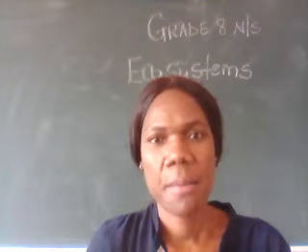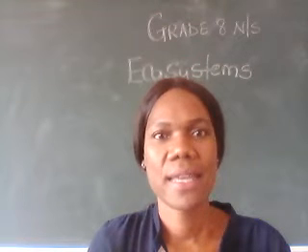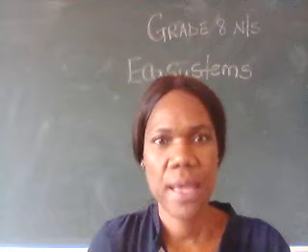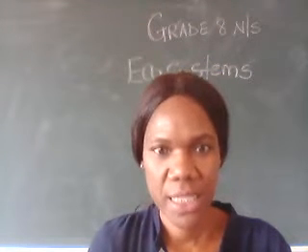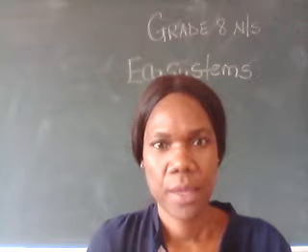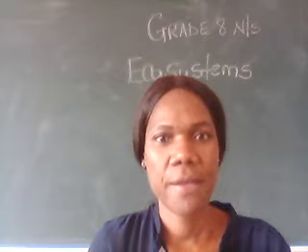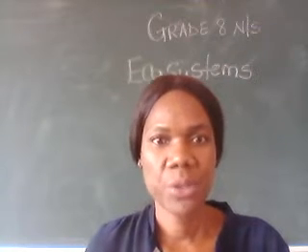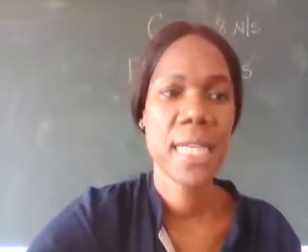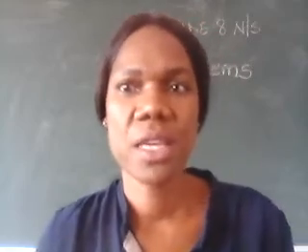Let us start with the definition of ecosystems. What is an ecosystem? An ecosystem is the interaction between the biotic factors and the abiotic factors. So in an ecosystem, we find two main factors that come together and interact with each other.